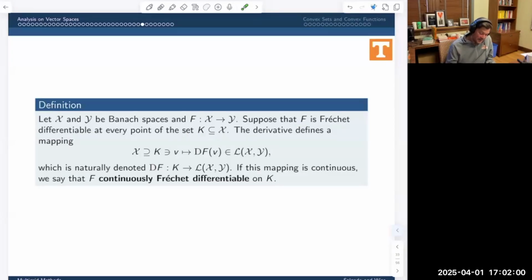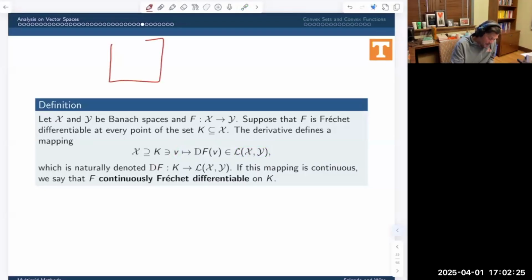The derivative defines a mapping, right? The derivative mapping takes v and maps it to, so I can think about starting with a point, and then what is the derivative? The derivative is going to be a linear mapping. So you map points to a linear mapping. That's kind of weird. You can think about it like this.